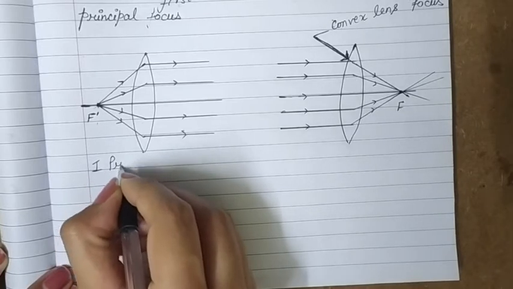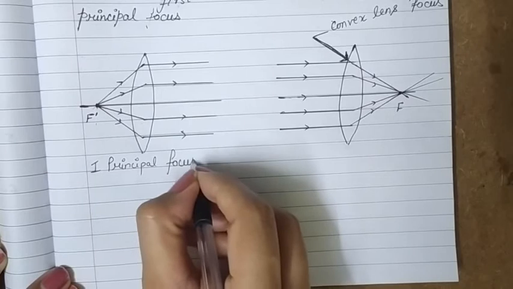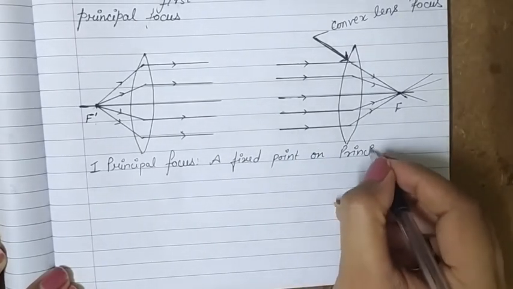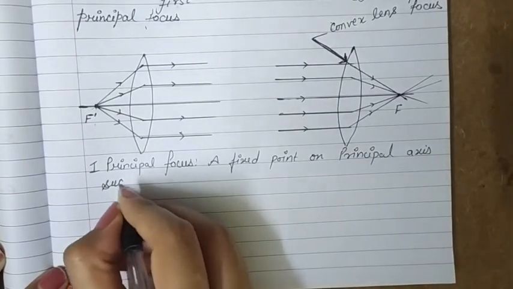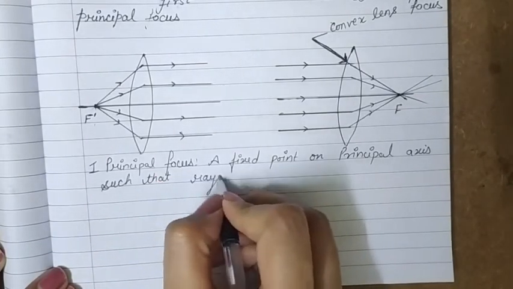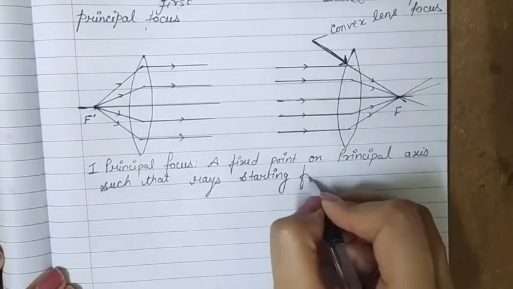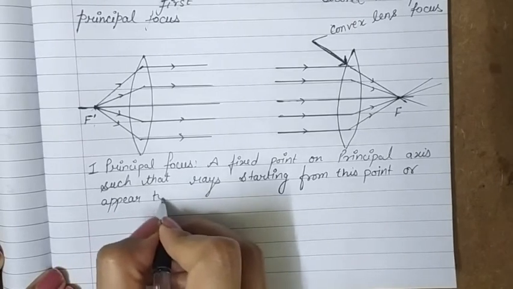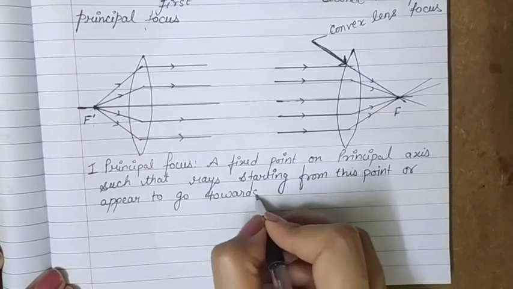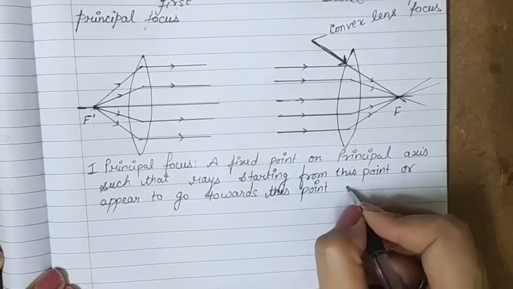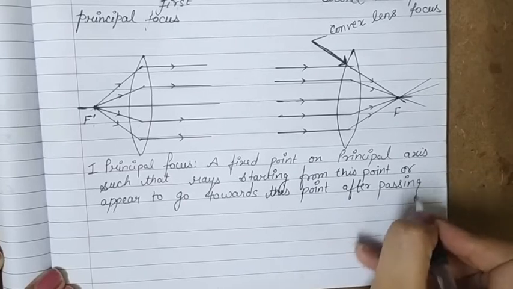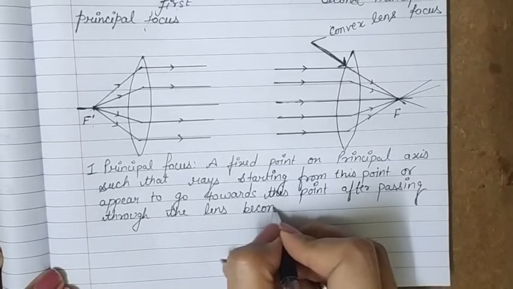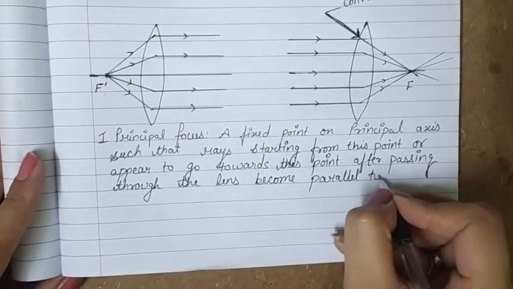This is for the first principal focus: a fixed point on the principal axis such that rays starting from this point, or appear to go towards this point, after passing through the lens become parallel to the principal axis.